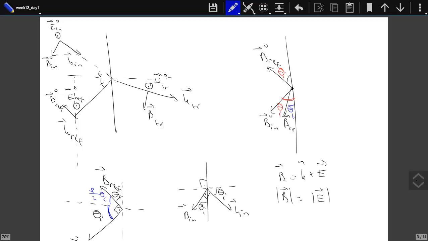The identification of the angles. Are they correct? Well, they should be. Let's say if theta incident was 0 degrees, then B incident and reflected B's would have been parallel to the surface, so they should have been, no, hold on. If theta is 0 degrees, then B's should be parallel to the surface, so those angles should also be 0 degrees. If the incident angle is 90 degrees, then B's are always perpendicular to the surface, so they should also be 90 degrees. So the identification of the angles also seems to be correct.